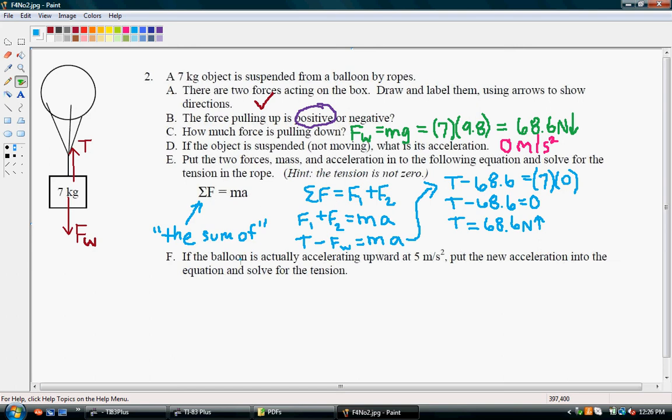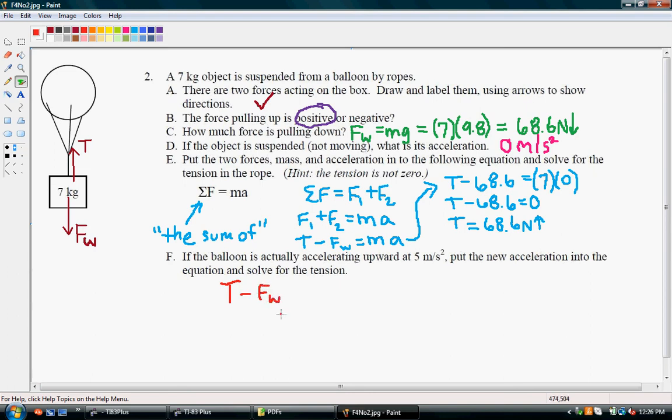Now here it gets a little bit different. If the balloon is actually accelerating upward at 5 meters per second squared, put the new acceleration into the equation and solve for tension. Okay, so now we have the same equation, tension minus force of weight equals mass times acceleration. But here our acceleration changes.